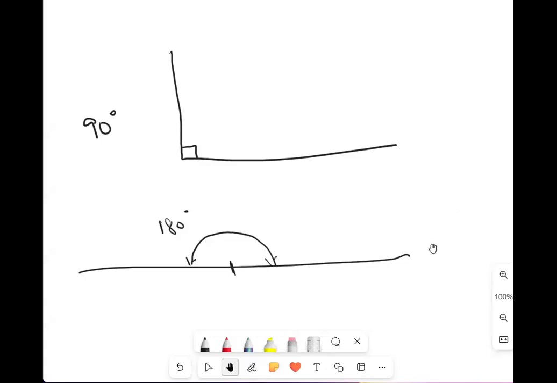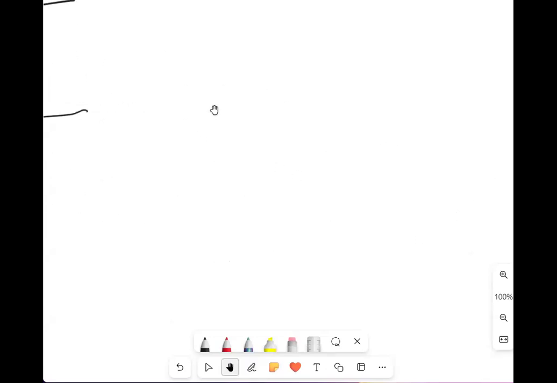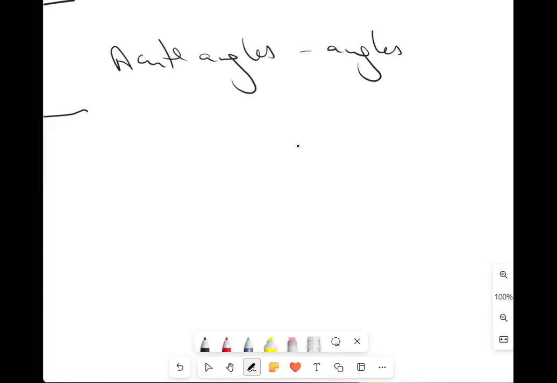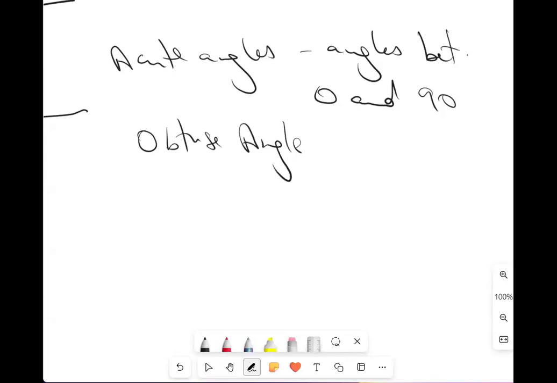You'll hear some terms like acute angles. Those are angles between 0 and 90 degrees. You're going to hear about obtuse angle. It's all in the notes there.